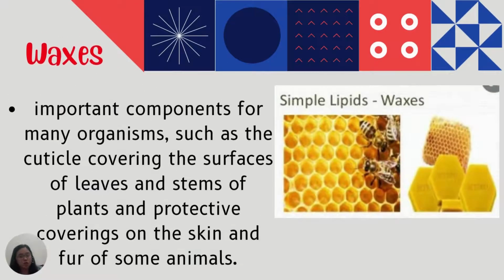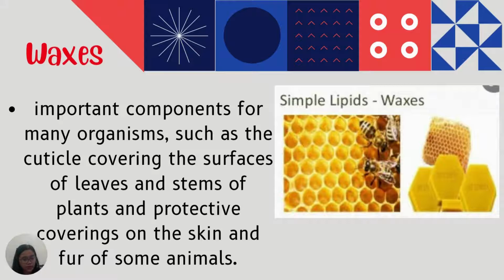Next, we have waxes. Okay, so waxes are lipids which are important components for many organisms, such as the cuticle covering the surface of leaves and stems of plants, and the protective covering on the skin and fur of some animals.